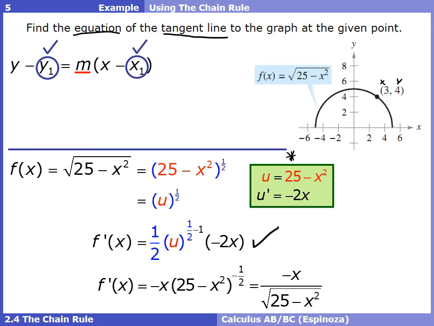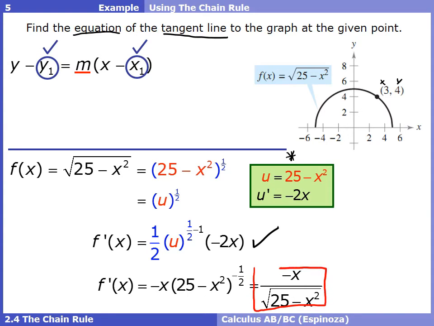Since we have a negative 1/2 in our power, we can send that down to the bottom of a fraction as a positive 1/2 power. But instead of writing it as a positive 1/2 power, we can change that back to a square root. So our derivative is really equal to negative x over the square root of 25 minus x squared.